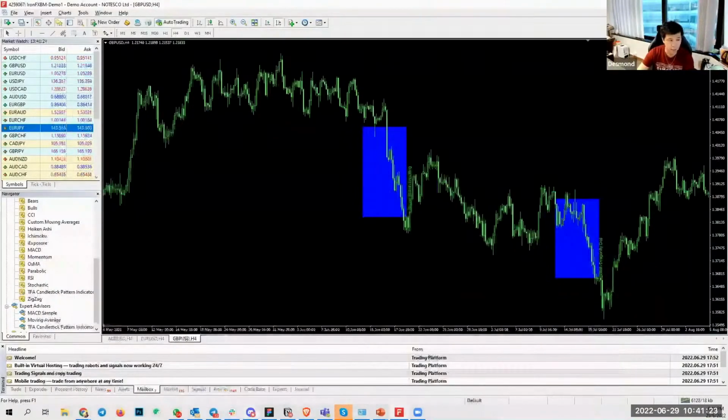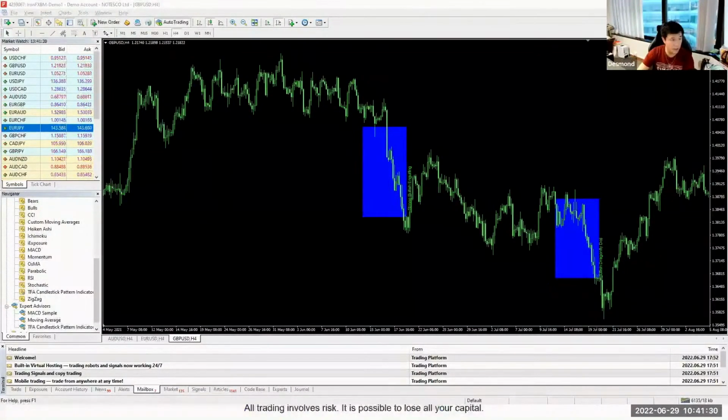I have a drawing tool over here, and I'm going to pick this. You can see how it found this very nice pattern. It found a very nice bullish dragonfly doji, and price really just bounced off very nicely from there, right?